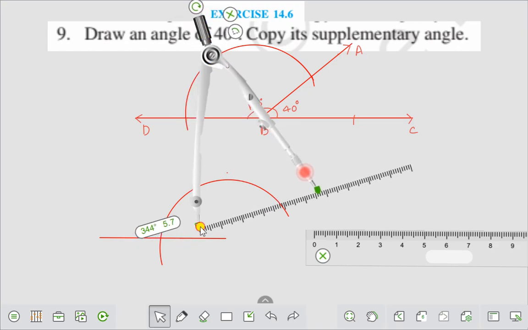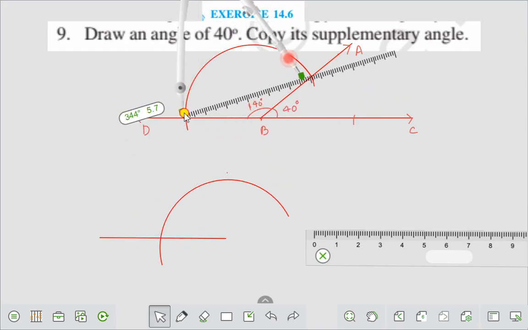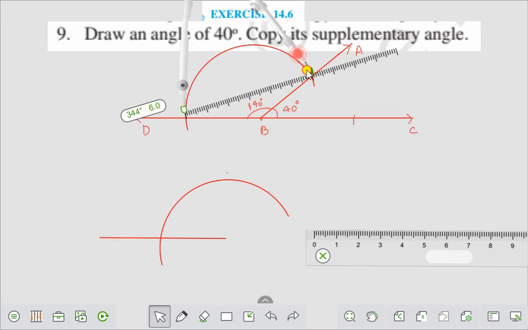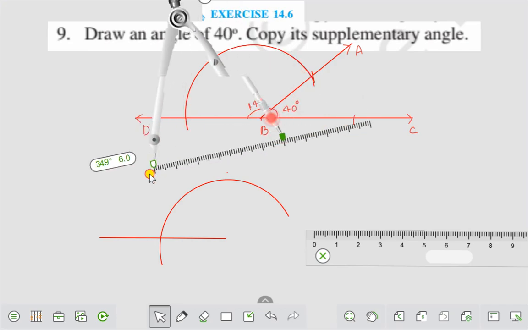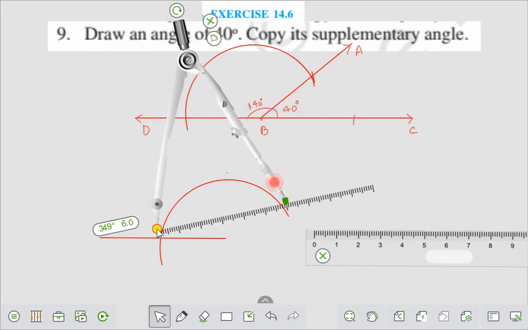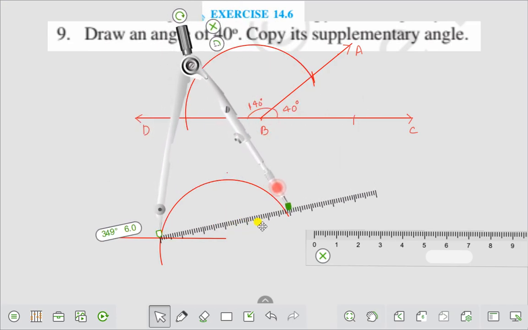Now put this pointer here and increase this pointer and now draw an arc, right? You get this point. The same way here, take this one at this point, and draw an arc here.